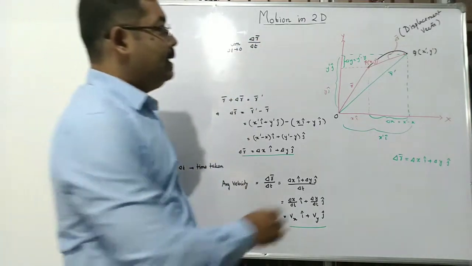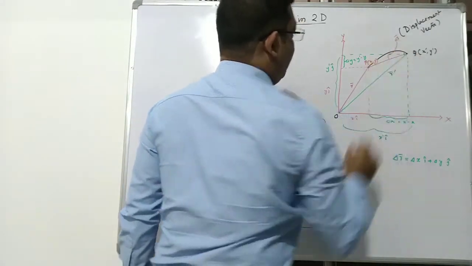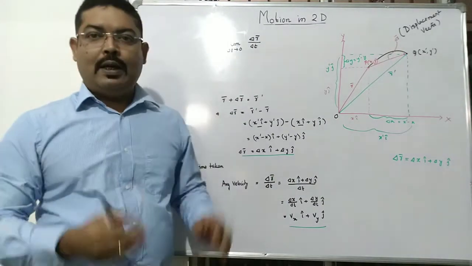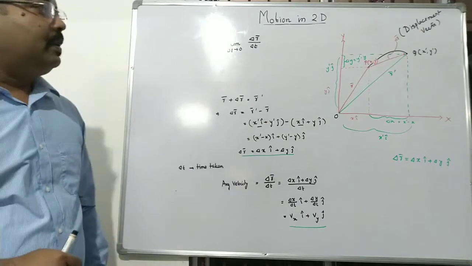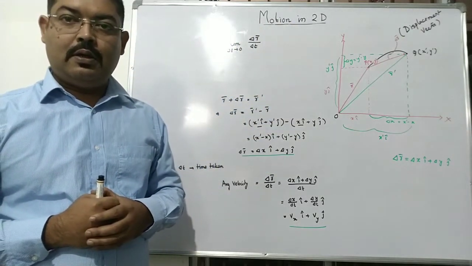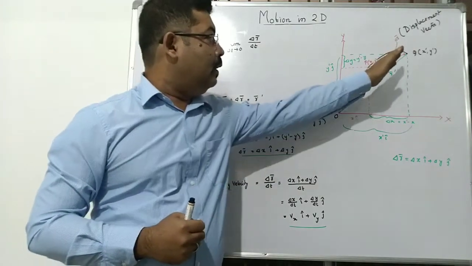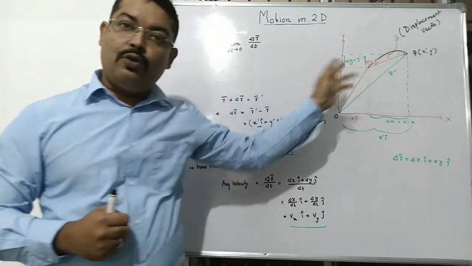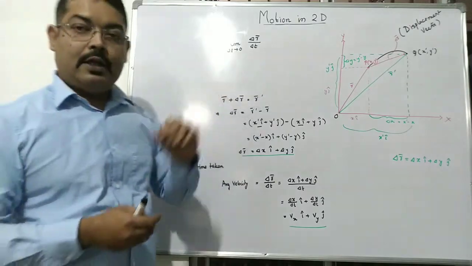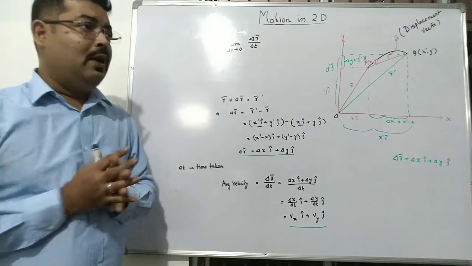Now what we have seen is that in this particular case the particle has moved from P to Q over a relatively longer period of time, say delta t. When delta t becomes smaller and smaller, what will happen? The displacement covered will be smaller and smaller, right? So the point Q will come closer and closer to point P. Now in the limiting case delta t tends to 0, that is delta t is arbitrarily small.